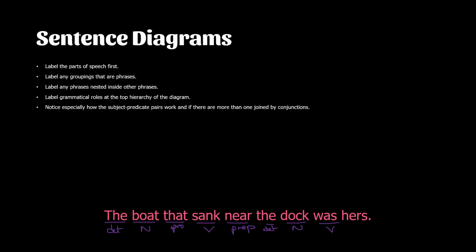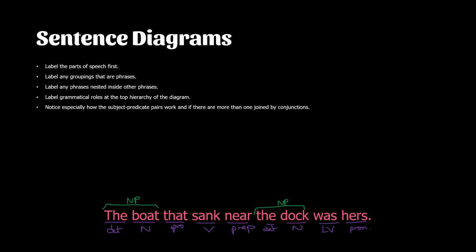After this verb, "was," the verb to be, there is not another action verb, dynamic verb of any kind, so that means this is a linking verb. "Hers" is a pronoun. So let's see if we can group these into any phrases next. "The boat" becomes a noun phrase. "The dock" is also a noun phrase.